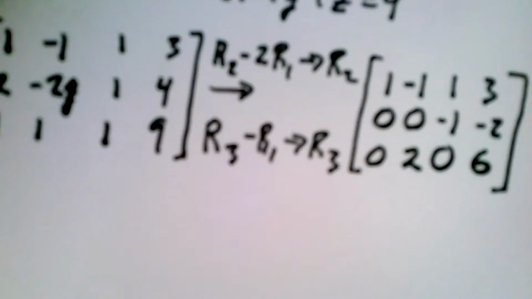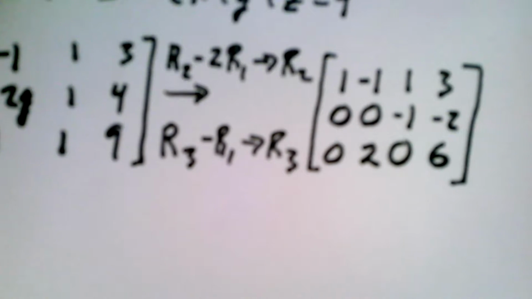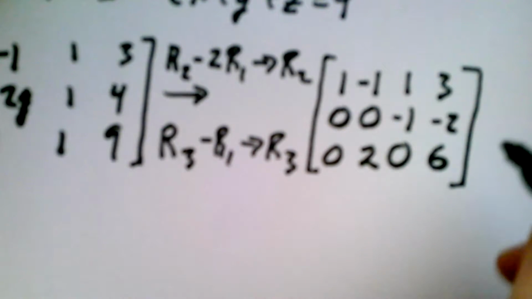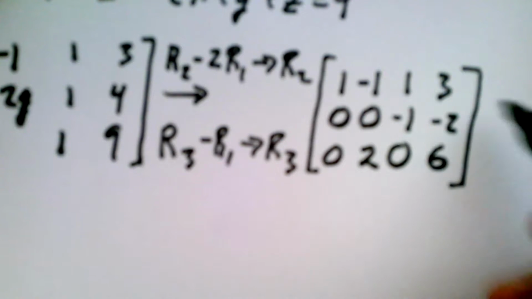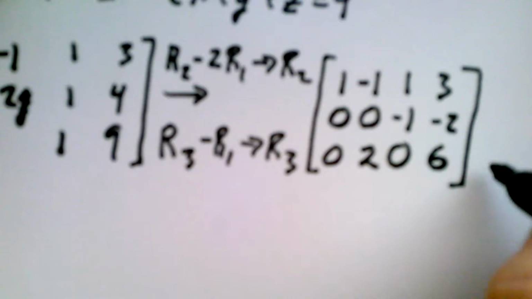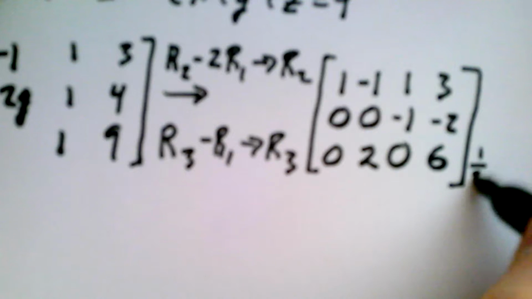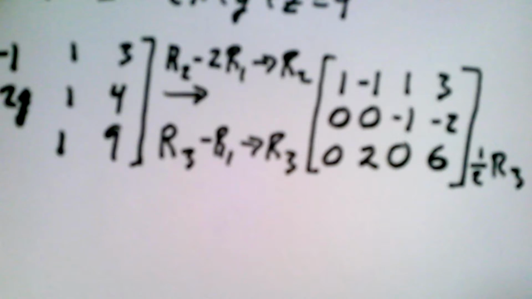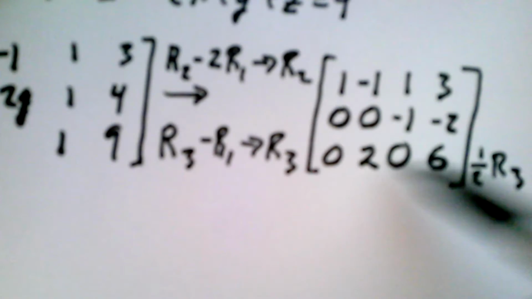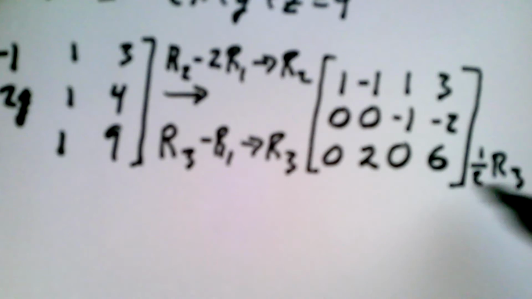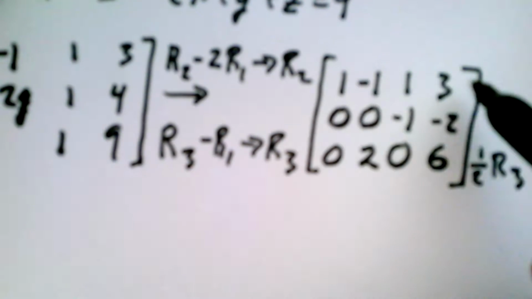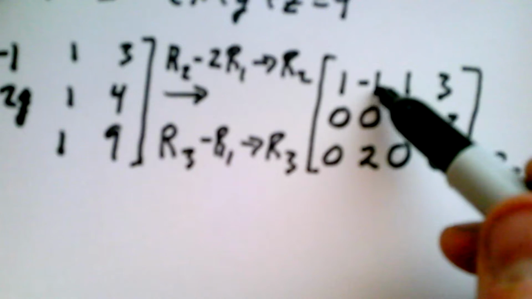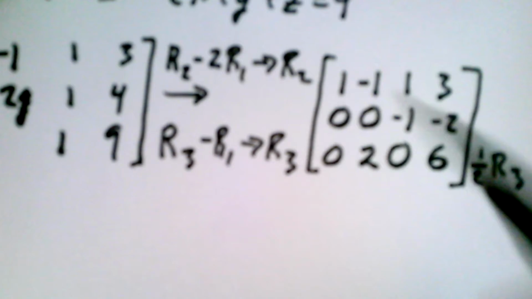Okay. From here, this is our new matrix. I'm going to divide the bottom row by 2. So I'm just going to write that as 1/2 R3. And that half of R3 I'm going to add to the first row to knock out this term here.